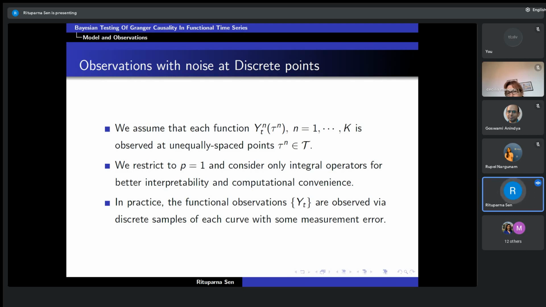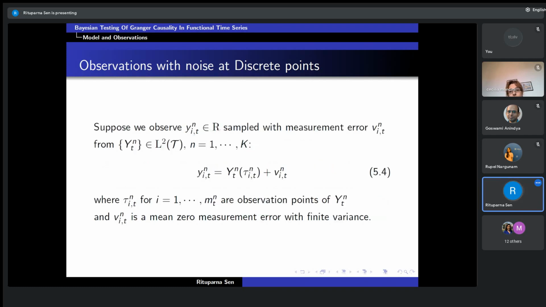And in practice, functional observations are observed via discrete samples. This is true, I already presented that for functional data, that you have observations at discrete points of time and also with some measurement error. And the same thing we assume for this data set too. So we have observations y, i, t, n. The i is for the ith day, remember, and t is for the tth maturity. And then there is the error.